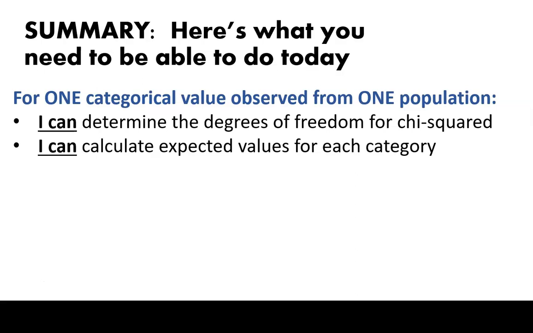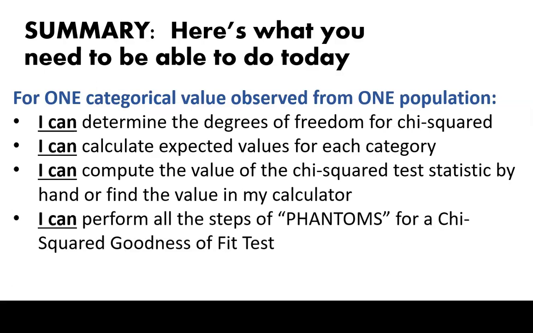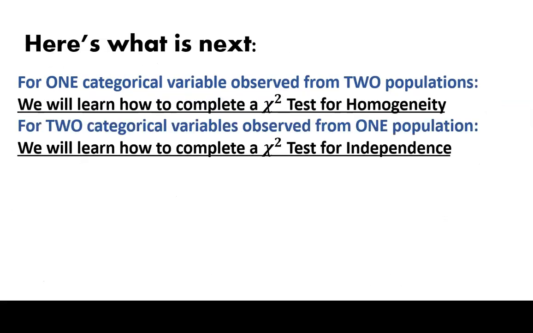Remember, sometimes those hypothesized proportions will be stated right out there for you, and other times they will be implied with words like uniformly distributed or no preference, or they'll be given to you as a ratio. You need to be able to compute the value of chi-squared test statistic by hand using the formula, or to be able to find it in your calculator after you've run one of those chi-squared tests. And then you need to be able to perform all the steps of phantoms for a chi-squared goodness of fit test. That includes those assumptions and conditions.